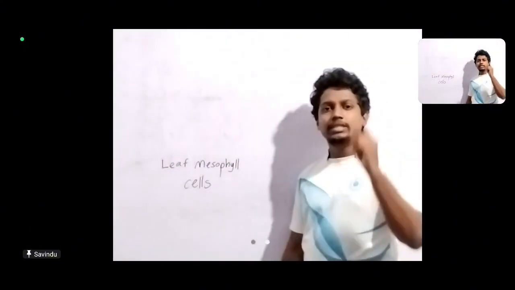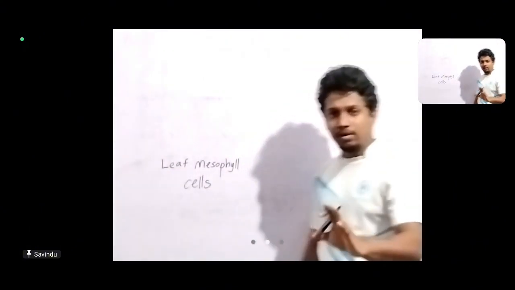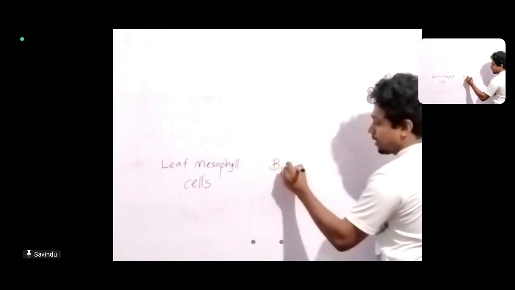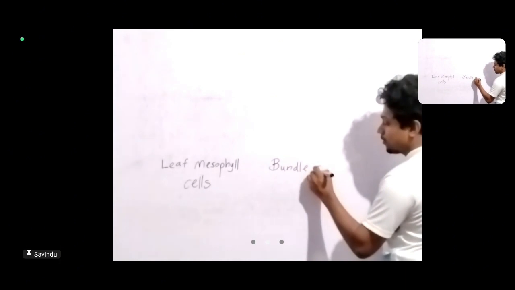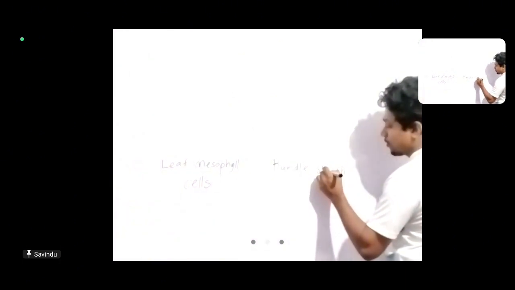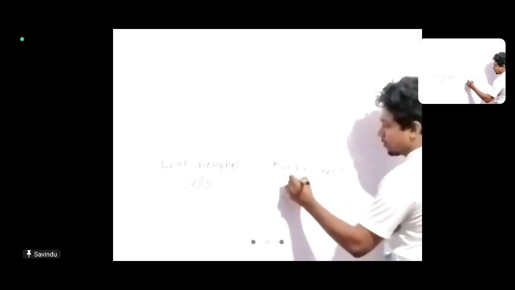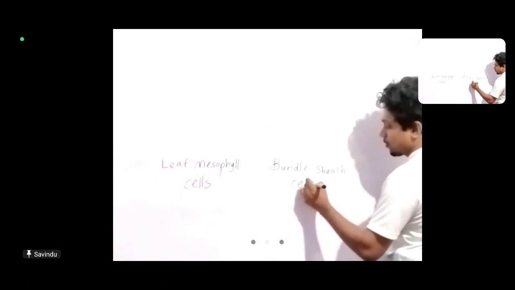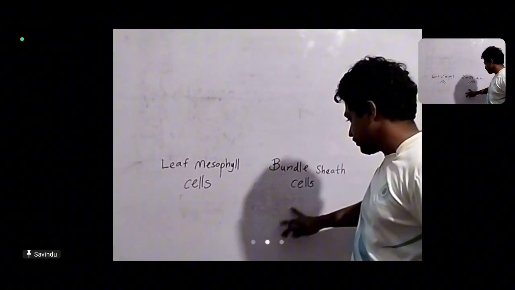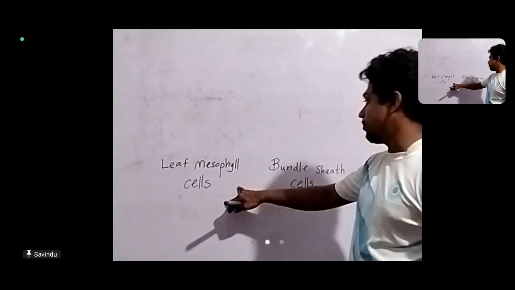And the next type of cell, we call it bundle sheath cells. Leaf mesophyll cells, and the other one is bundle sheath cells.